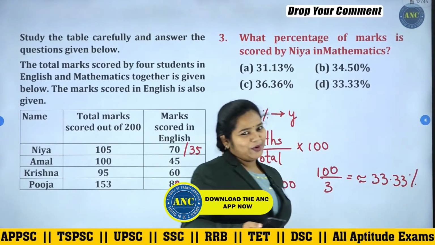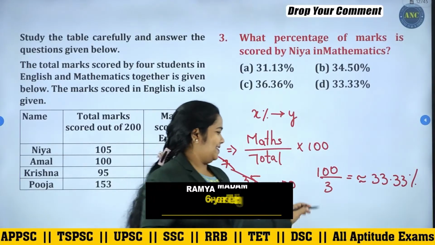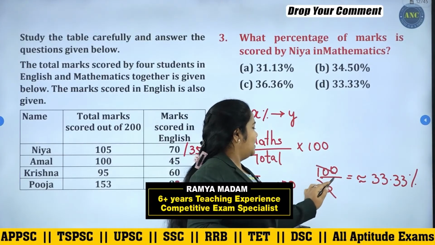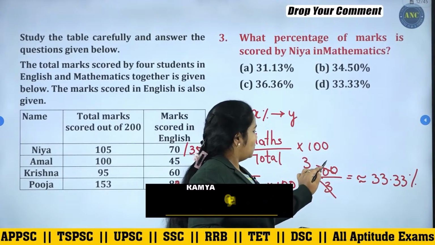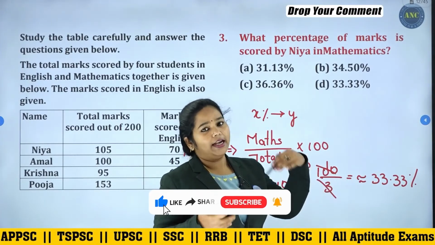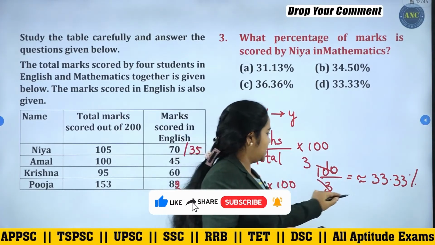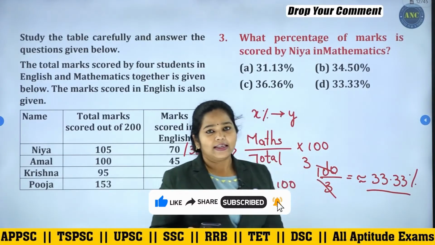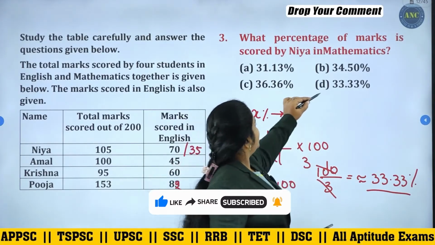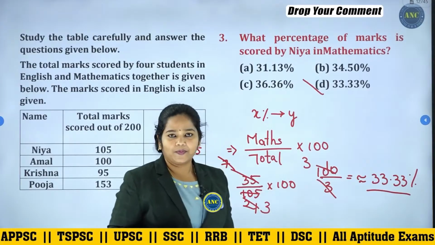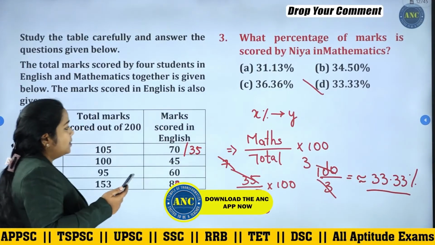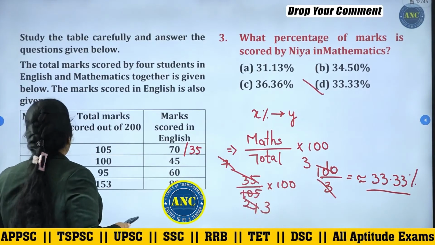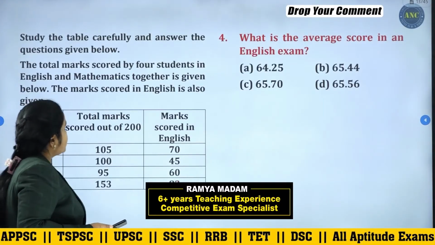How? 33.33%? Doing basic calculation. 3 3s are 9, 1 remaining, 3 3s are 9. Again it goes 3 3s are 9, 3 3s are 9. So, obviously it's 33.33%. Yes? So, option D is the correct answer. Cool? Clear? Right. So, next question.